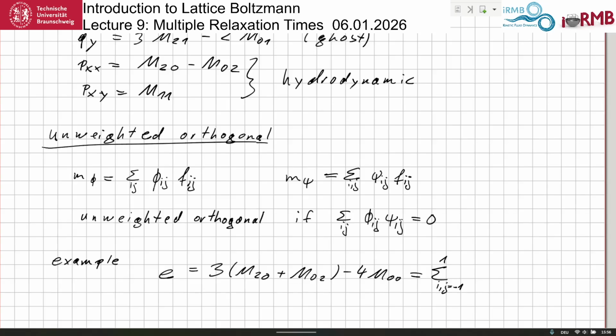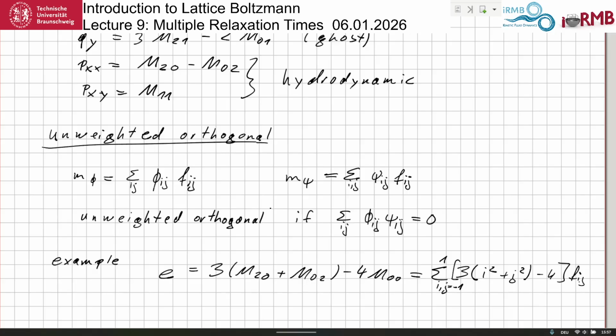Because these moments are linear transformations, we can add up the kernels that produce these moments and multiply them by f. The kernel of m20 is obviously i squared, clear? Plus j squared. And minus 4 times, since m00 is 1, that's the kernel. So this goes into Fij.